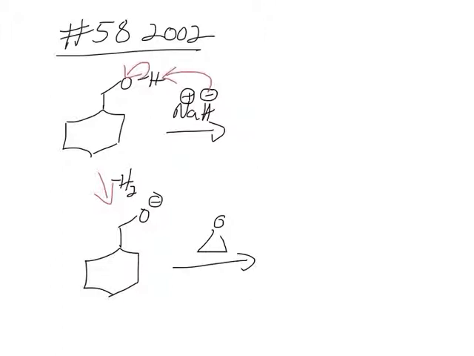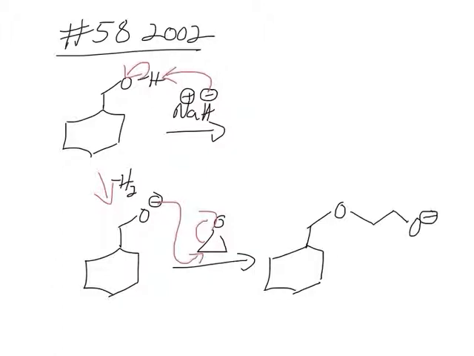Right, so if O minus is the nucleophile, the epoxide has to be the electrophile. Does it matter which carbon of the epoxide we attack? Nope. So let's just pick that one, like an SN2 reaction. And now the next step they do, right, they add in this another electrophile.